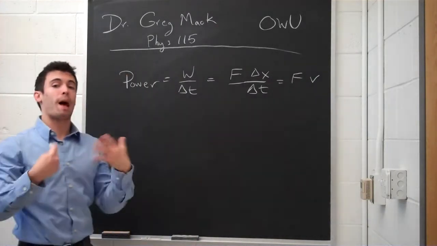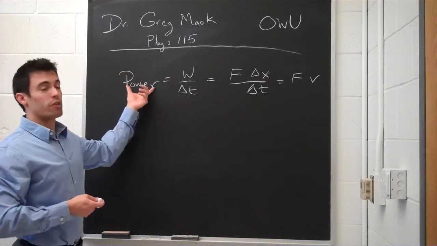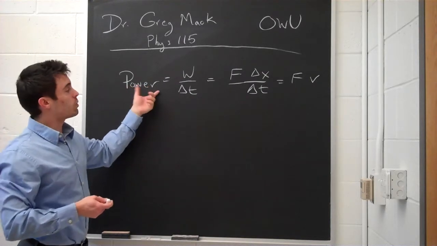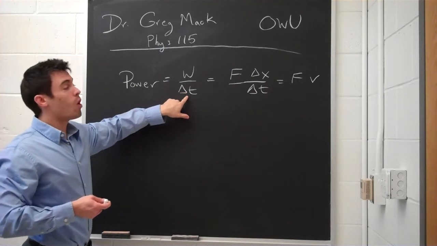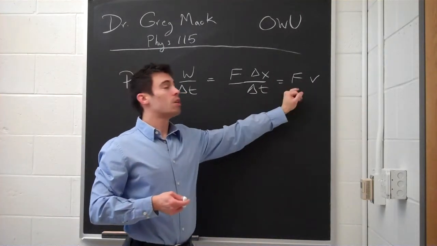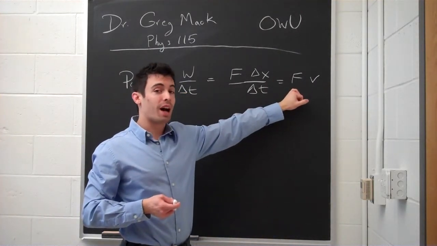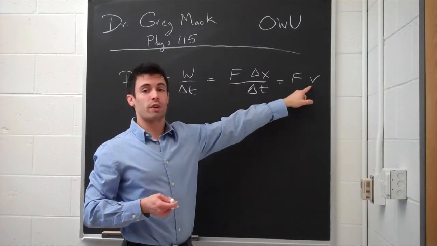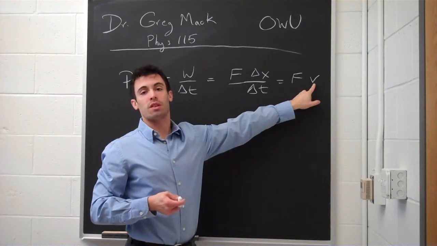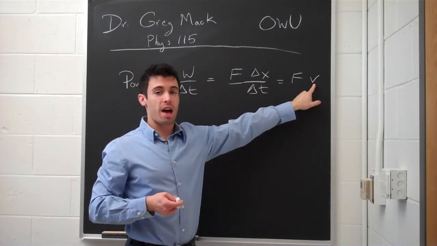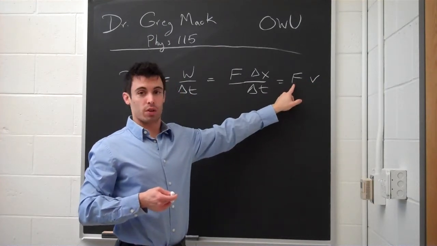So again, just thinking about what's happening with an object, the power delivered to an object is equal to the work done on that object in a given time period, or also equal to the force done on an object while the object is moving at a constant velocity, or you can talk about the average velocity an object has after it's experienced that force.